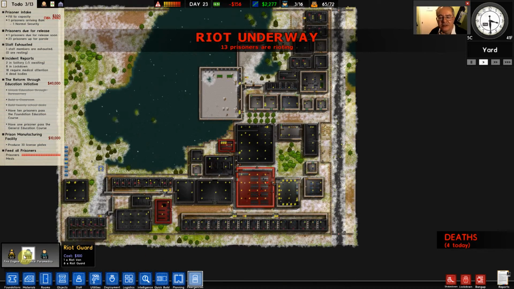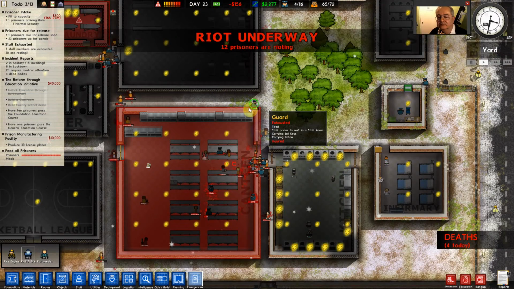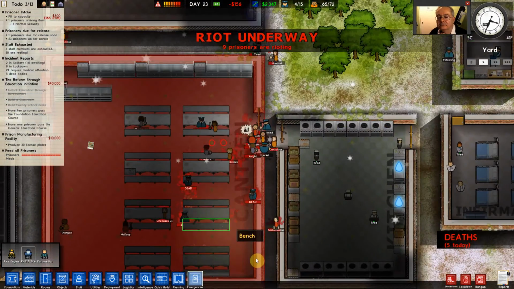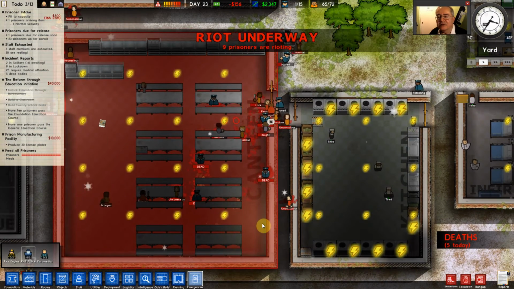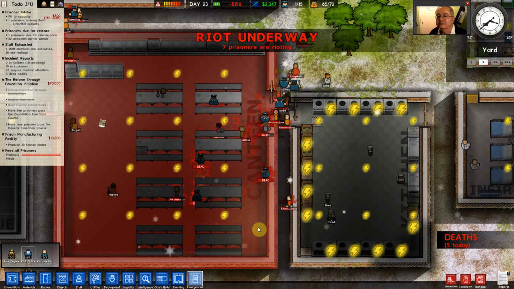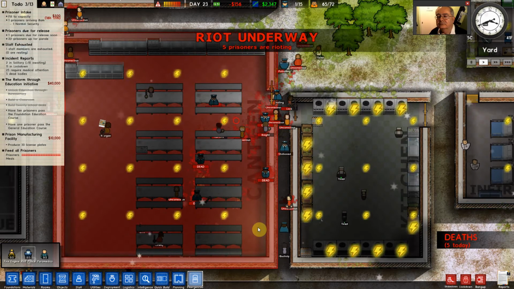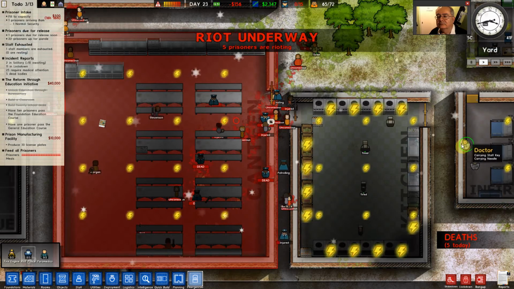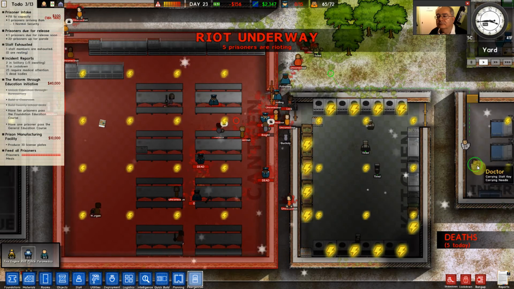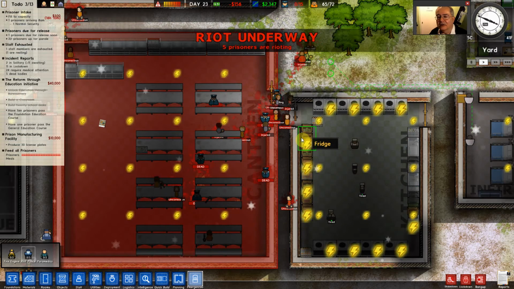Oh, I don't have any money, is that right? Oh, 2 of my prison officers are dead as well. Why are they not moving? Oh, they are, eventually.